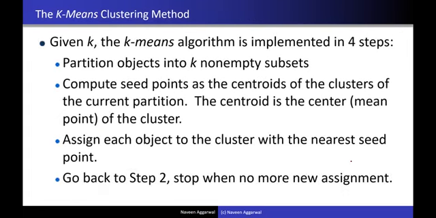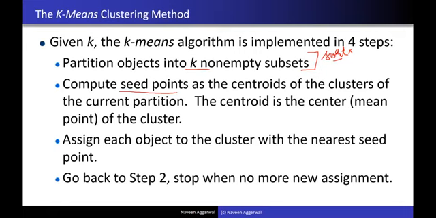The k-means algorithm can be implemented in many ways. One popular way is that we partition objects into k non-empty subsets. This first partitioning is done randomly. Sometimes people sort the elements and then divide them, but since sorting is a very heavy operation, that is not practical. So the first partitioning is done randomly. We compute the seed points.